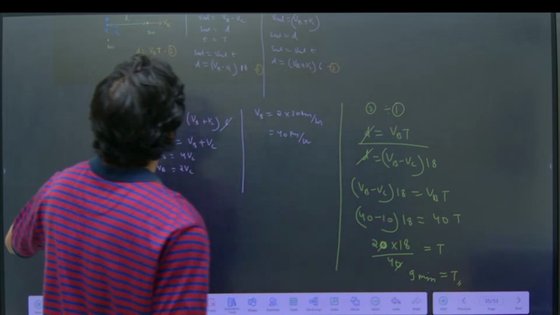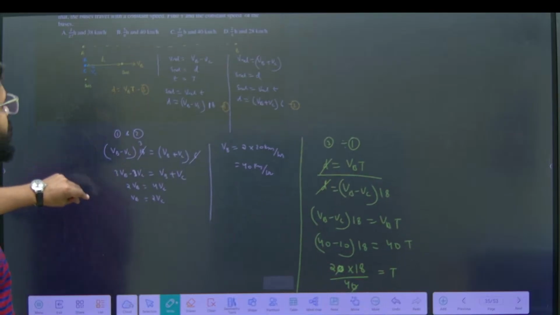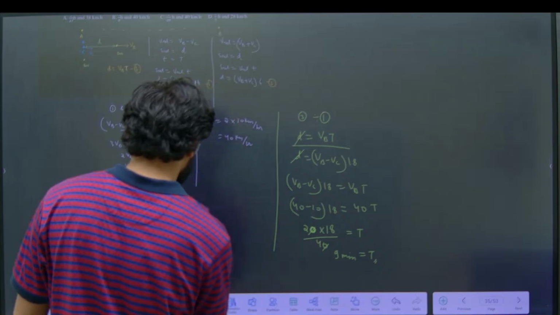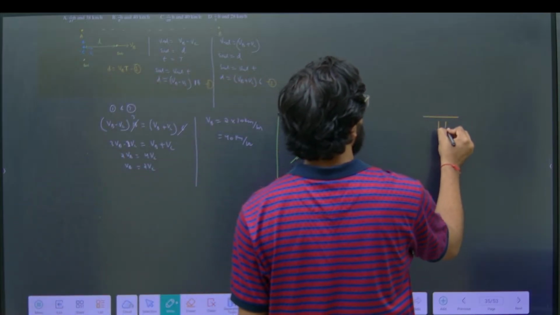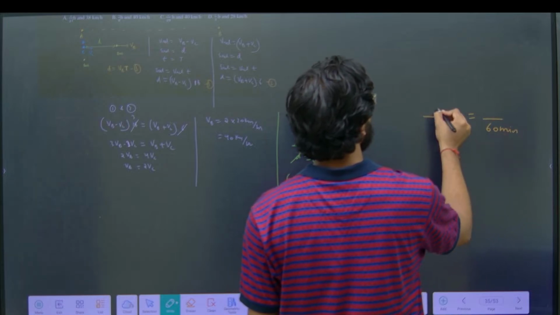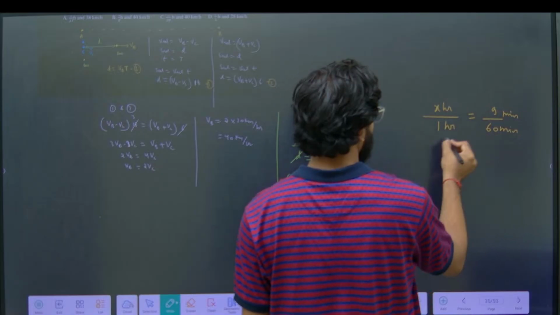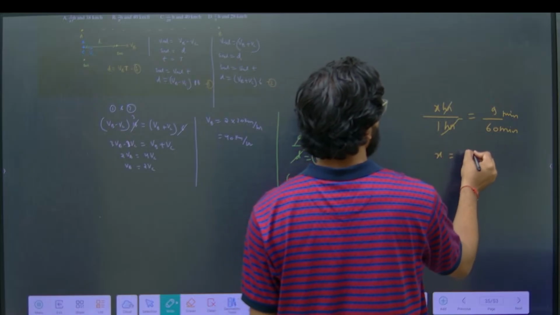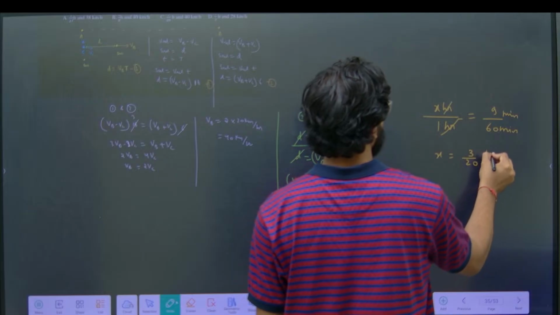What is 9 minutes in terms of hours? 1 hour equals 60 minutes, so x hours equals 9 minutes, so x equals 9 by 60, which means 3 upon 20 hours.